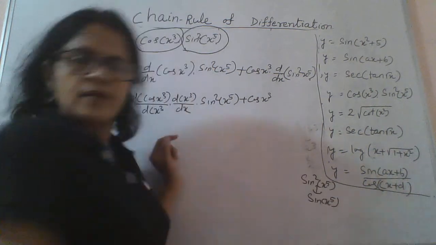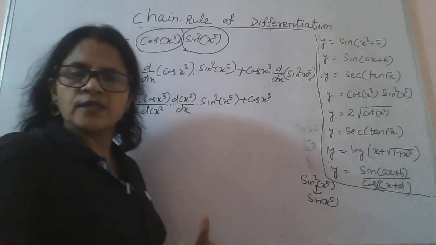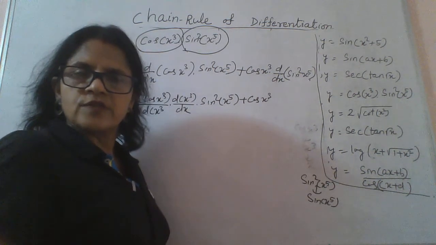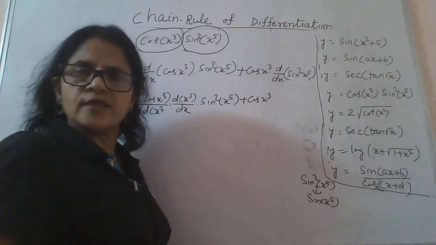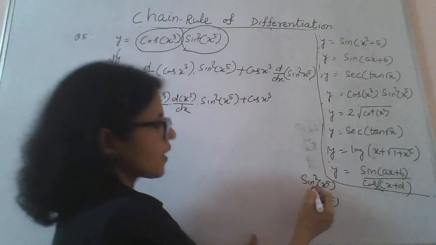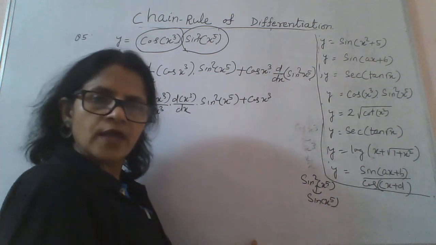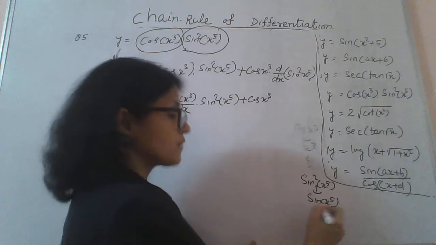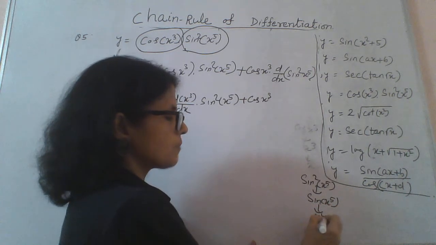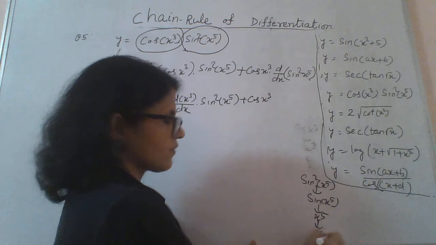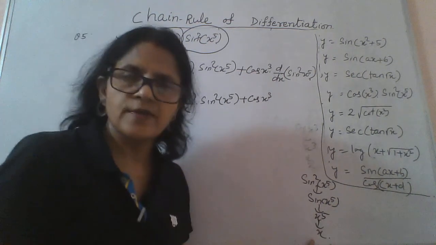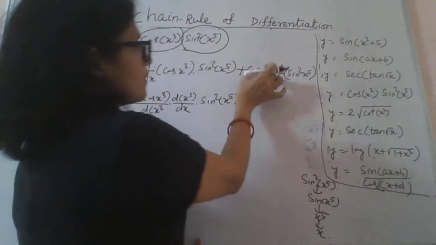Square of something: like x square is a function of x, sin square x is a function of sin x, cos square x is a function of cos x. So sin square x to the power 5 is a function of sin x to the power 5, which is a function of x to the power 5, which is a function of x. So just see the chain. Now you see this as it is.